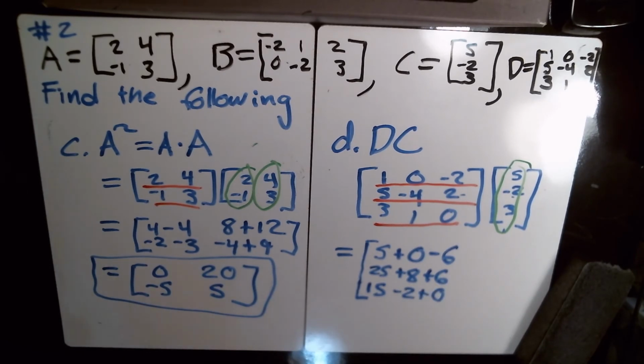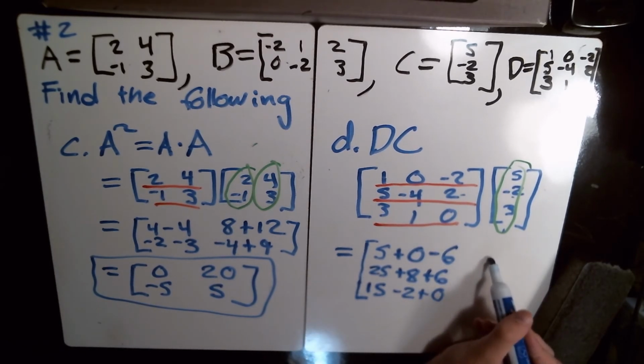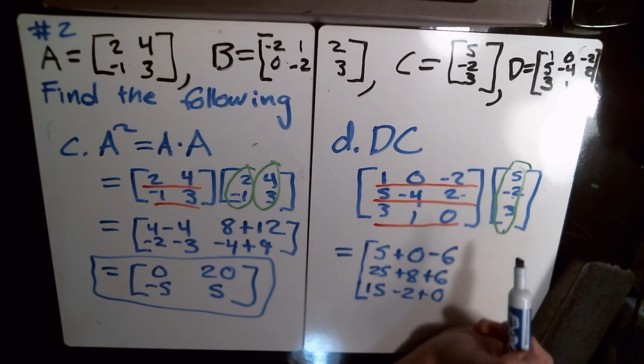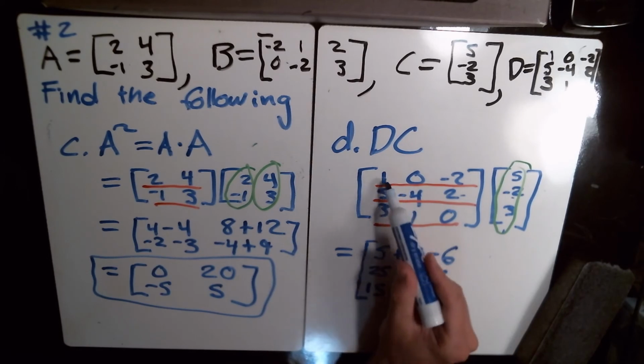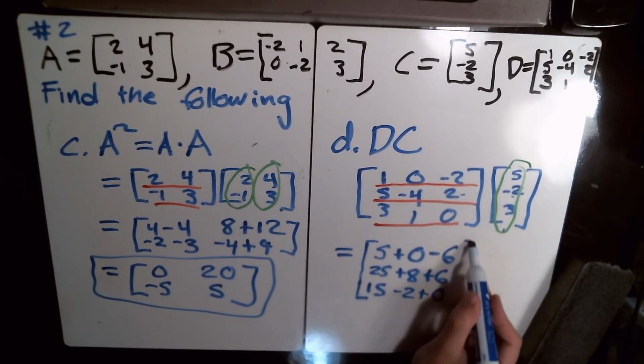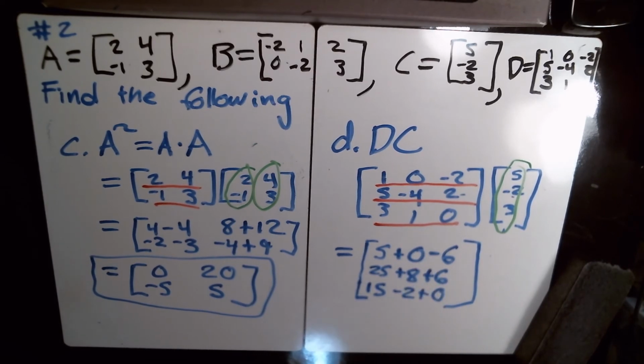Then if I were to go over to the second column, I would be doing first row, second column, but there's not a second column of this matrix. It's just one column.